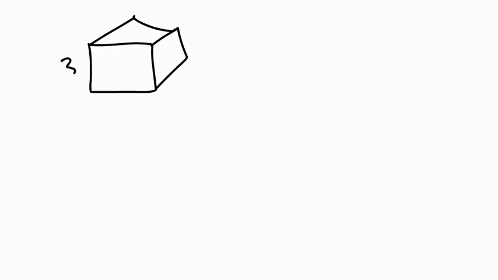The first item that we're going to look at will be a cube and figure out how to get the volume of a cube. So if we have a cube here, 3, 3, and 3. So length, width, depth.